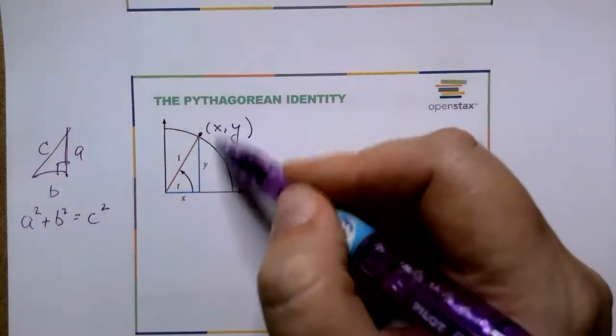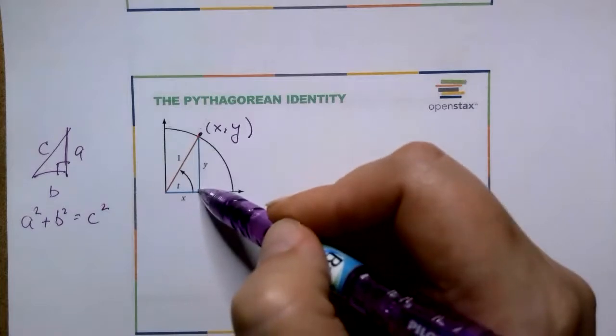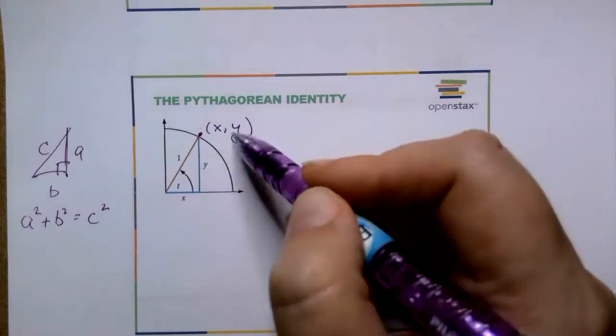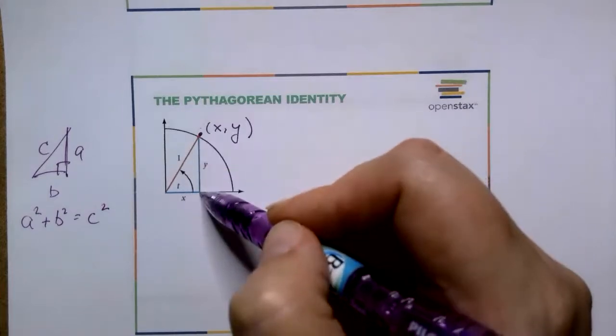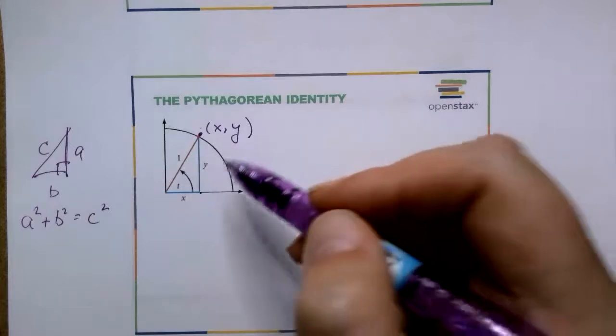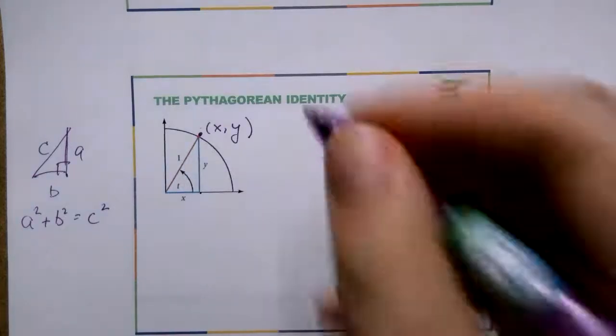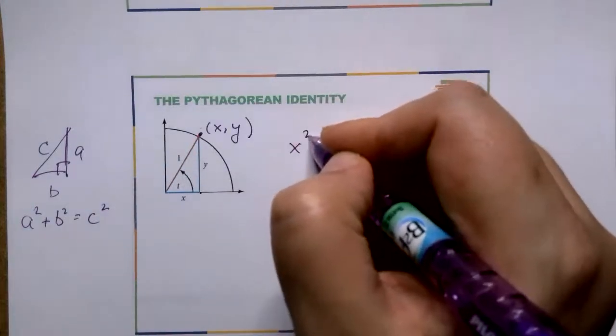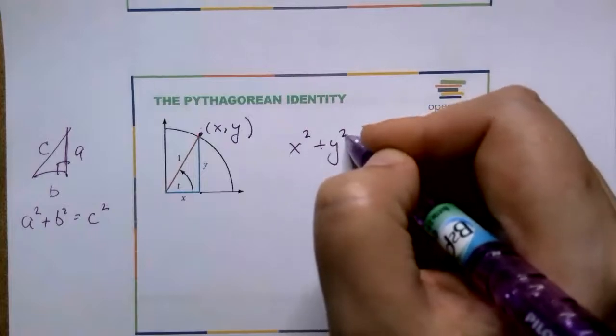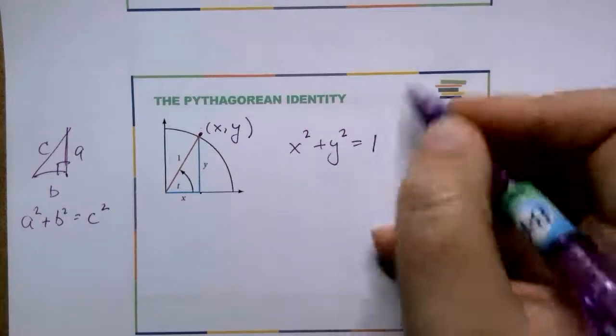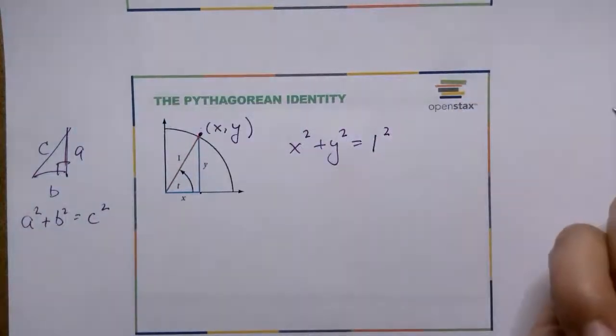Also this x is a side of this triangle and y is another side of the triangle. So we have, by the Pythagorean theorem, x squared plus y squared equals 1 squared, or just 1.